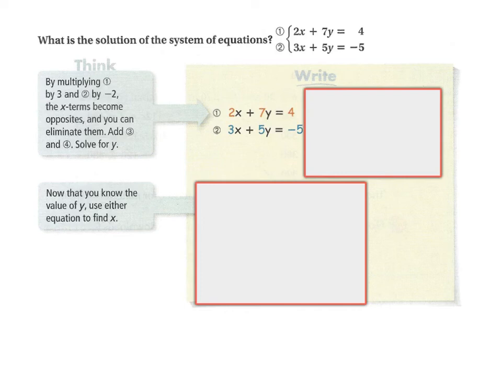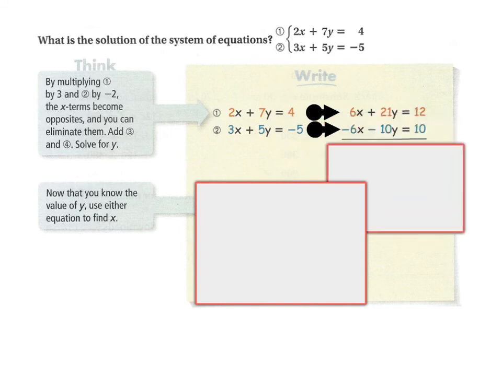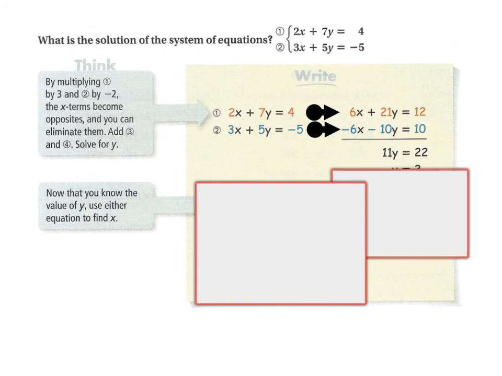So here we decided to get rid of the x's. So I multiplied the top, every single term, not both sides, every single term gets multiplied by 3, and the bottom, every single term got multiplied by -2. Could I have multiplied the top by -3 and the bottom by +2? 100% could have done that. So now when we add these two guys together, the x's get eliminated.